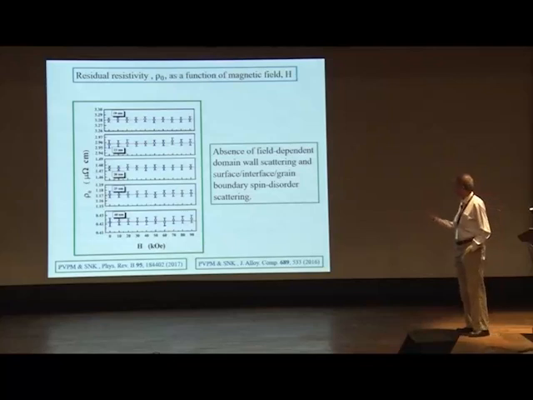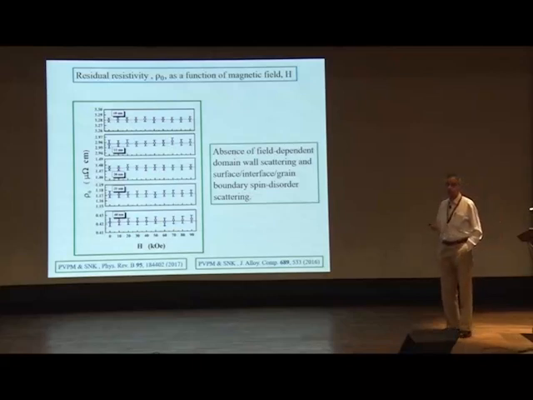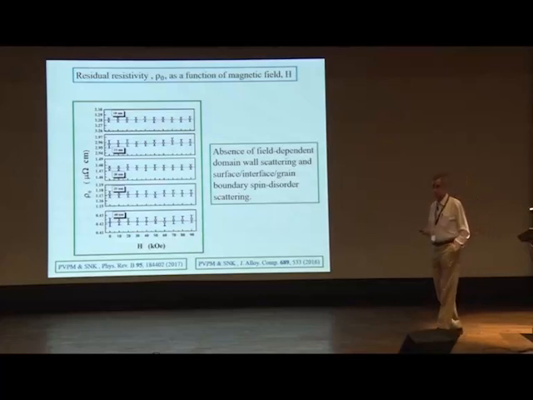Now we have also measured this residual resistivity as a function of field. So one might wonder about this residual resistivity, which I said comes basically from imperfections and impurities. But it so happens that at absolute zero, if you have a multi-domain sample, then domain walls can give rise to spin scattering, because in the domain walls the spin orientation is changing continuously.